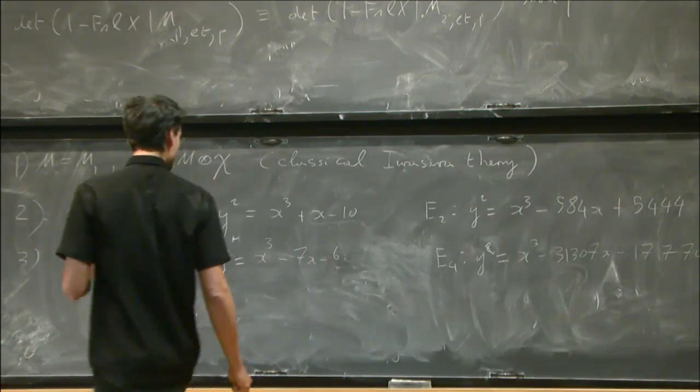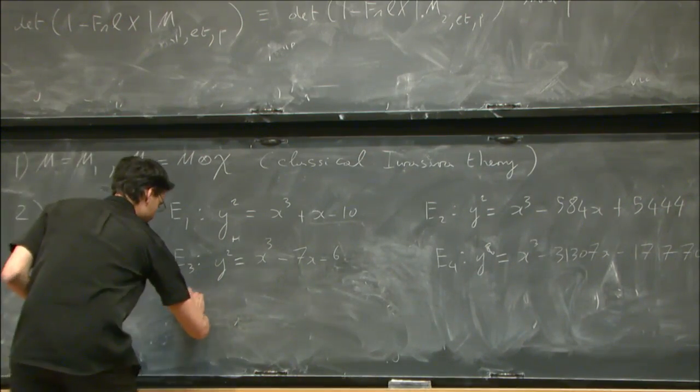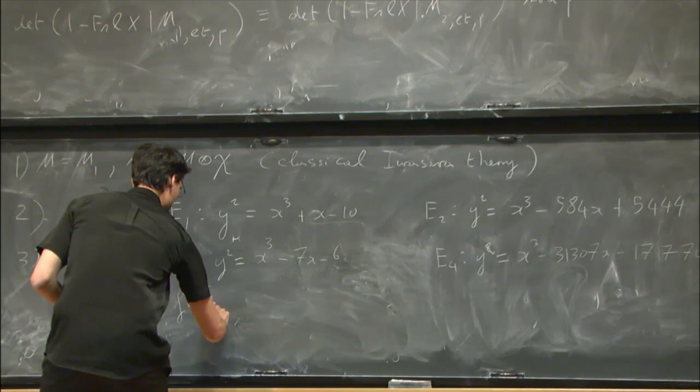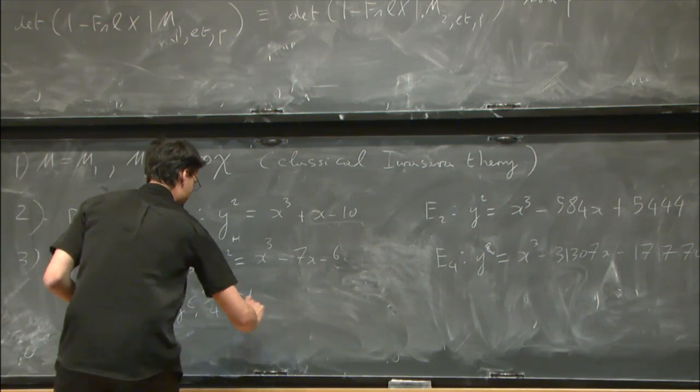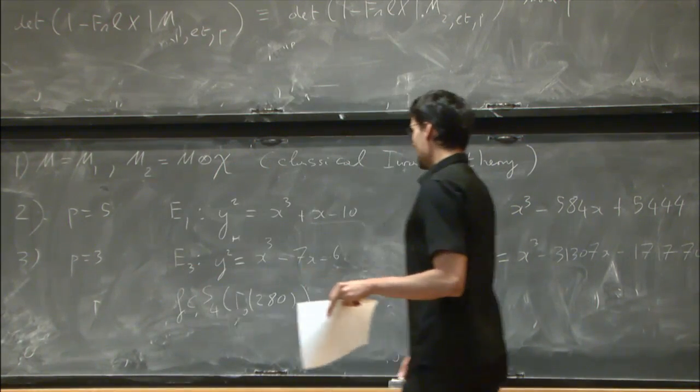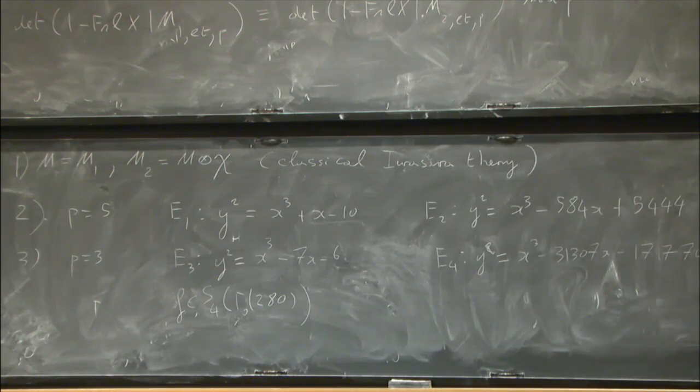And for good measure, I will add F, a modular form of weight 4 and level gamma 0 200. And the motives attached to these three objects are congruent in the sense above for P equal to 3.